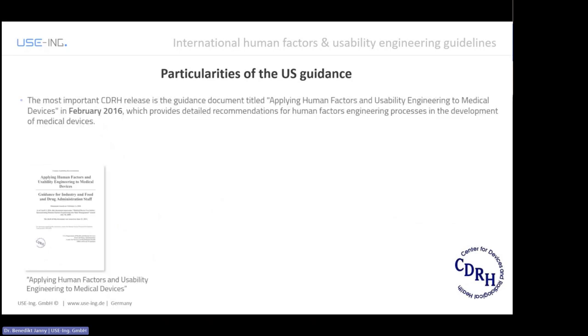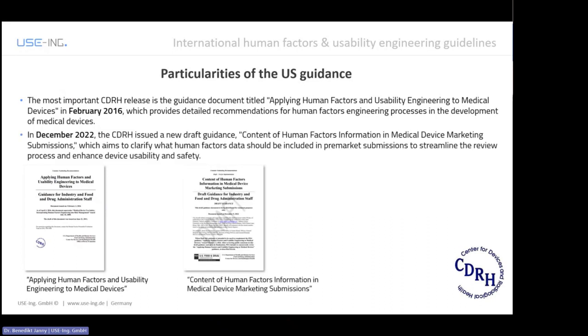The most important CDRH release is the guidance document titled Applying Human Factors and Usability Engineering to Medical Devices. It was released in February 2016 and provides detailed recommendations for the human factors engineering process. And recently, we had the release of a second document in December 2022.